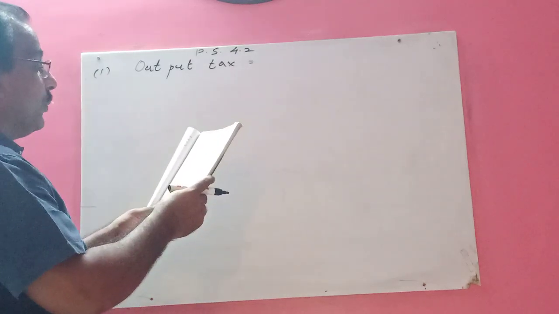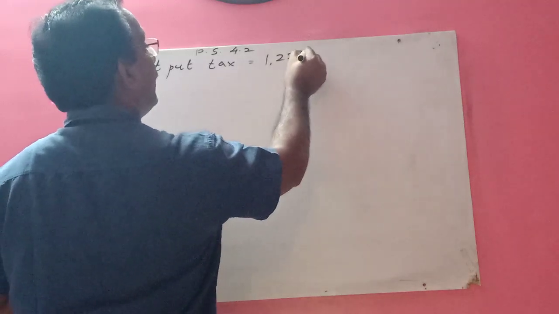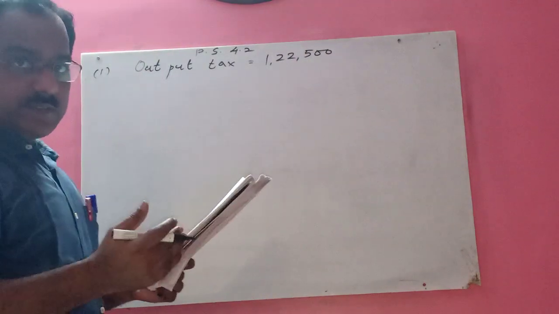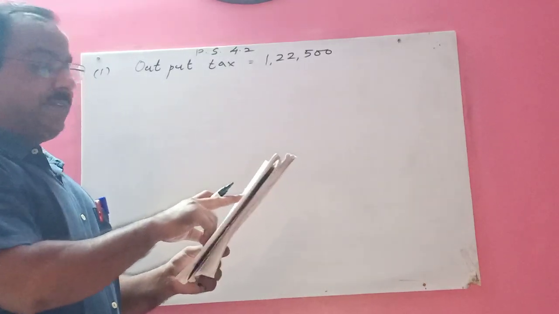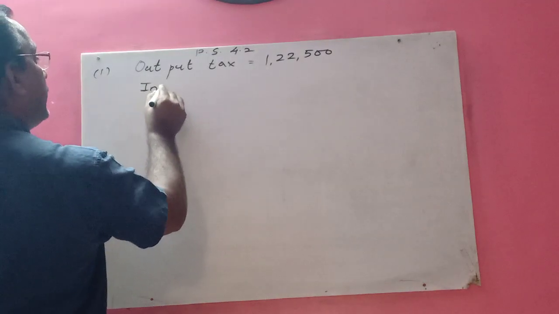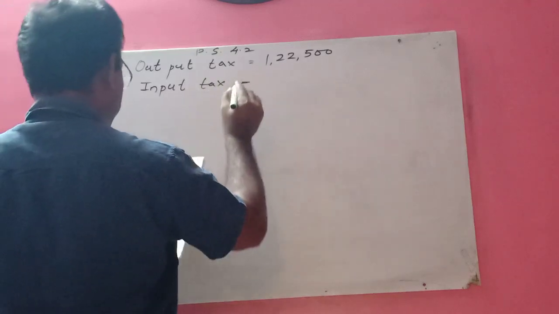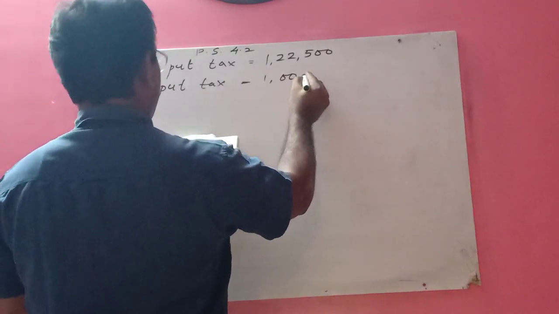So it is given here 1,22,500, and the GST which is paid during the purchase time is given here, 1,05,000. So input tax is equal to how much? Input tax is given, 1,05,000.